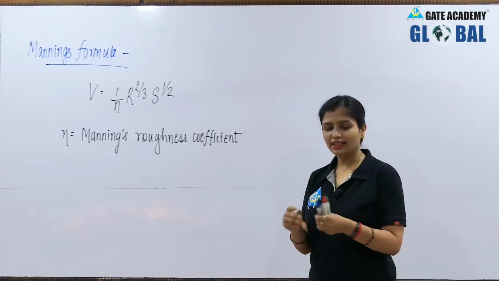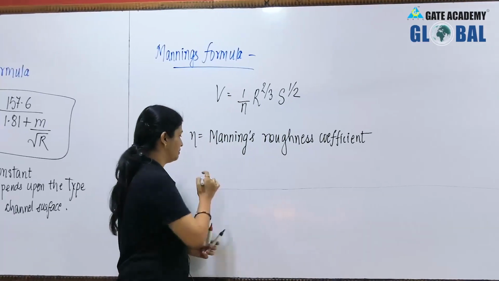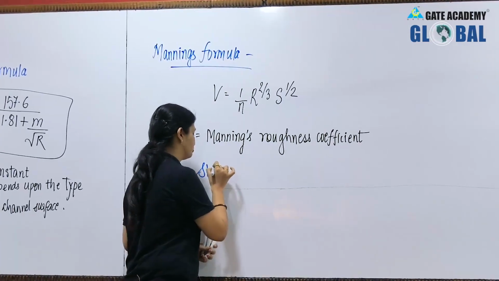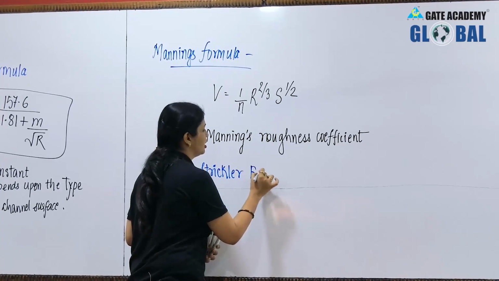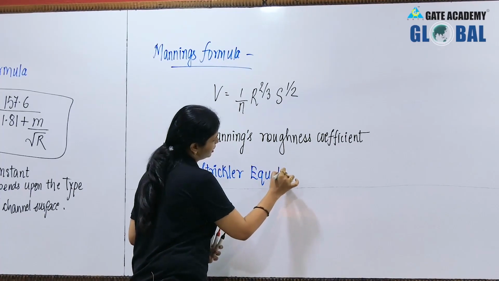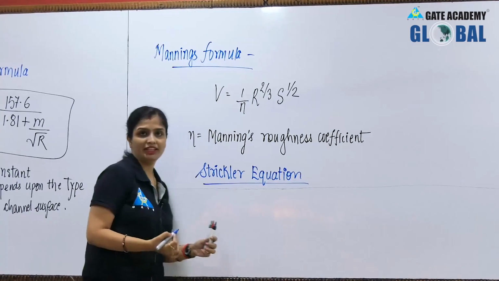So what is that? First one is Strickler's equation. A question based on this had already been asked in your GATE examination.